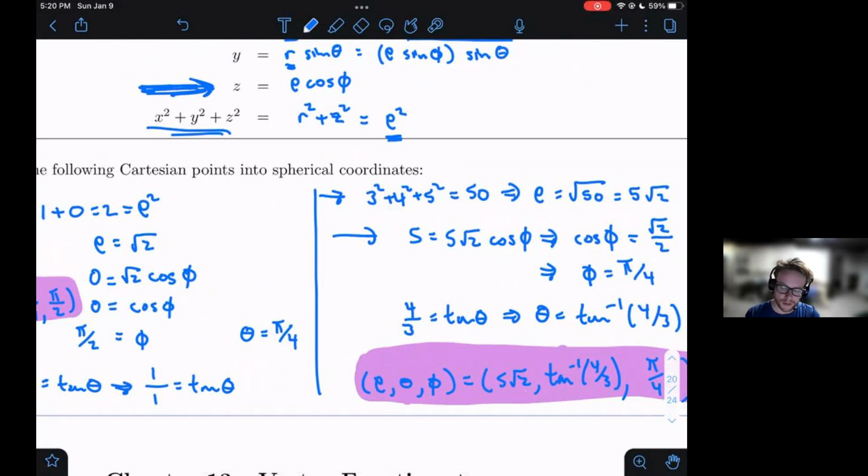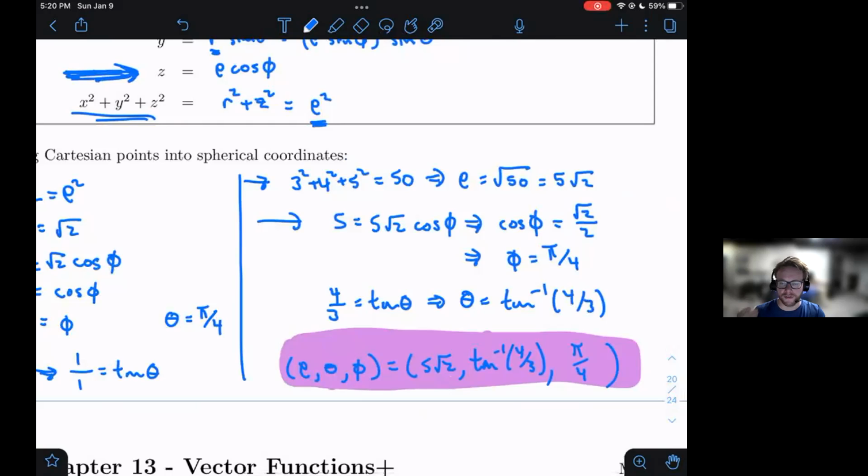And then now we can use that in order to solve for phi. So I can divide on both sides by this 5 root 2. I rationalize my denominator here, you can see, and we get cosine of phi is equal to root 2 over 2. And we know a place, of course, on the unit circle where cosine is equal to root 2 over 2, and that's going to be at pi over 4.